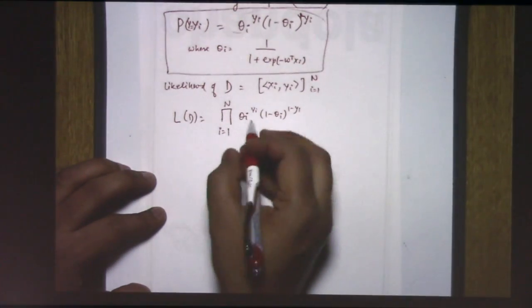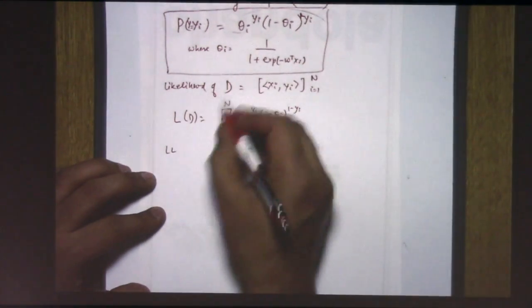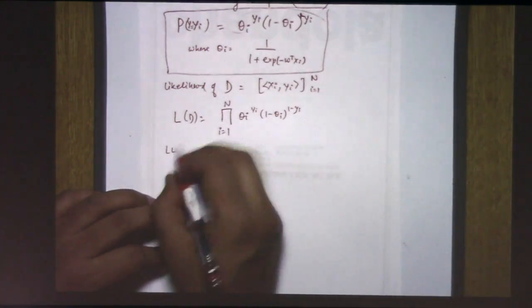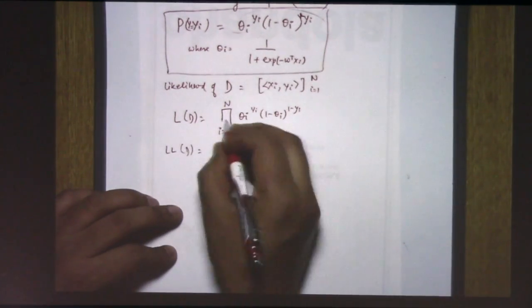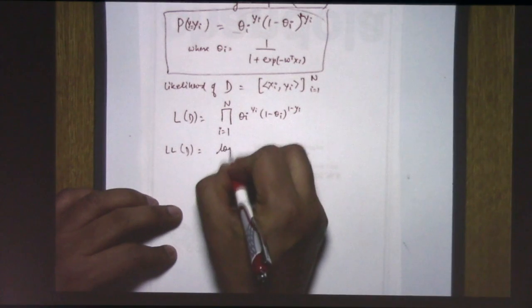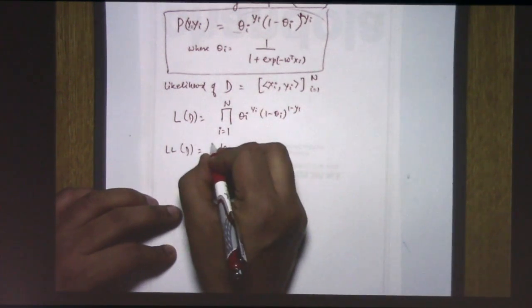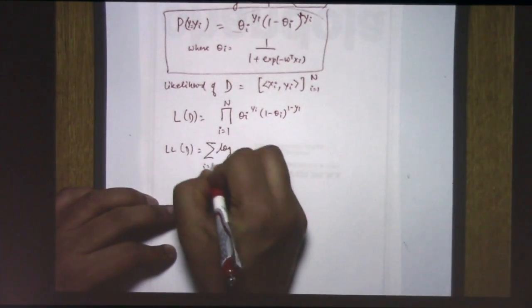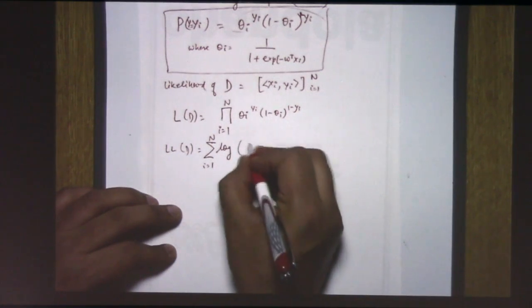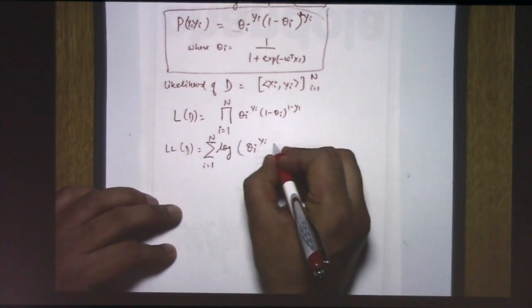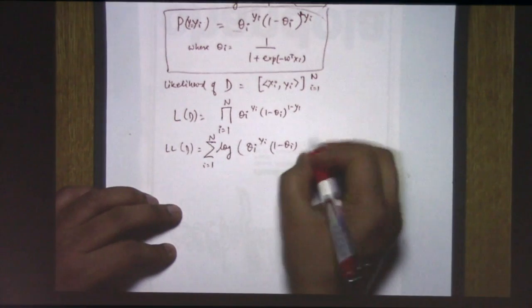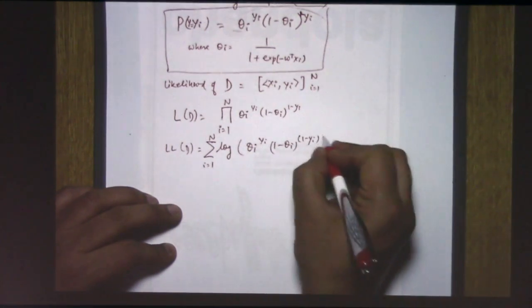And the log likelihood, because this is a product, we don't like products that much, so we will convert it into log likelihood, and that becomes summation i equal to 1 through n, log of theta I to the yi, 1 minus theta I to the 1 minus yi.